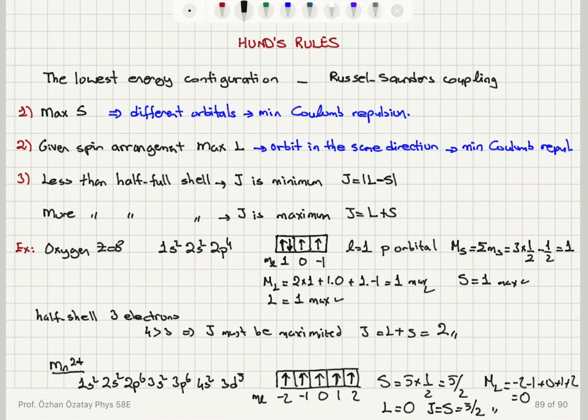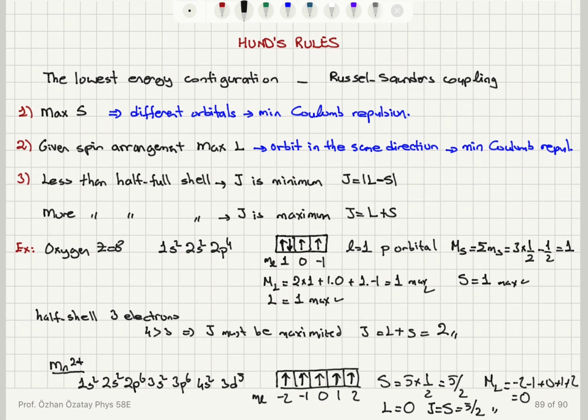Okay, so we talked about a set of rules known as Hund's rules in order to find the lowest energy configuration of a many electron atom that obeys Russell-Saunders coupling. The rules are the following: maximize the total spin, maximize the total orbital angular momentum.